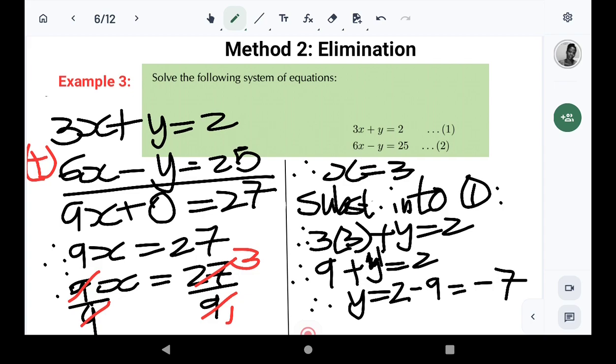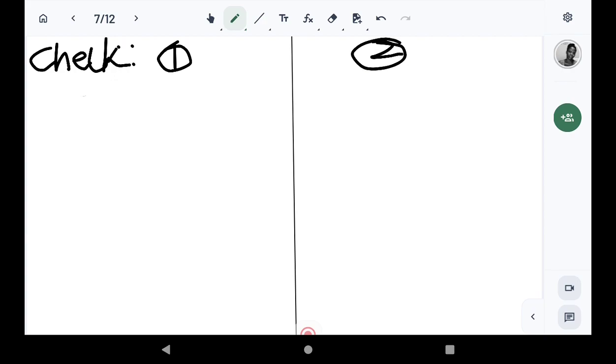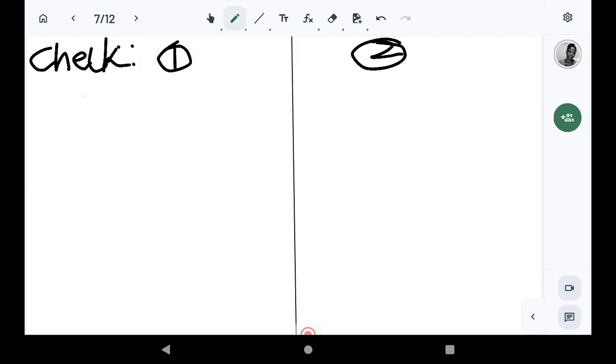You check, obviously. Next step is you check. Remember, when you check, you must check equation 1 and equation 2. So let's see what the equations look like so that we can recreate them.